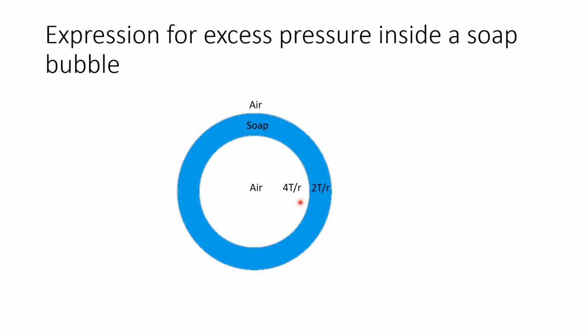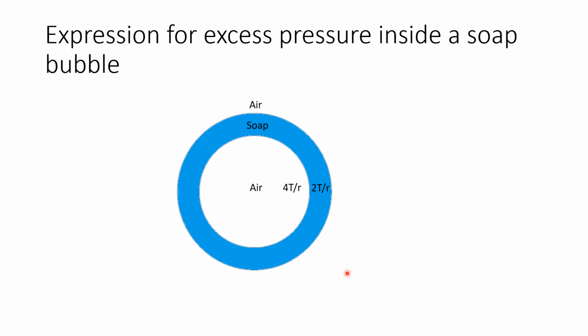Again by 2T upon R. Therefore, whenever you are traveling from outside the soap bubble to inside the soap bubble, the pressure is increasing in all by 2T upon R plus 2T upon R equal to 4T upon R. This is the simple way to explain the excess pressure inside the soap bubble.